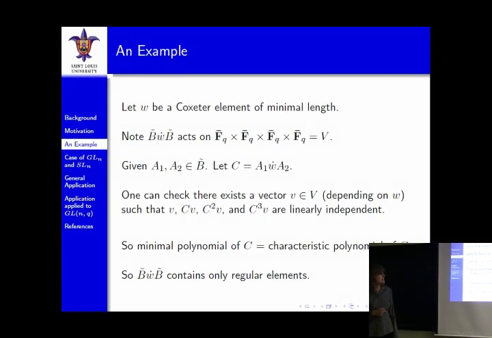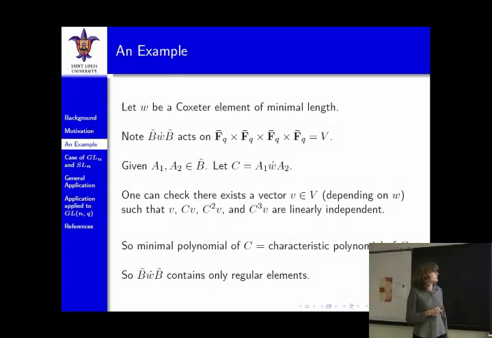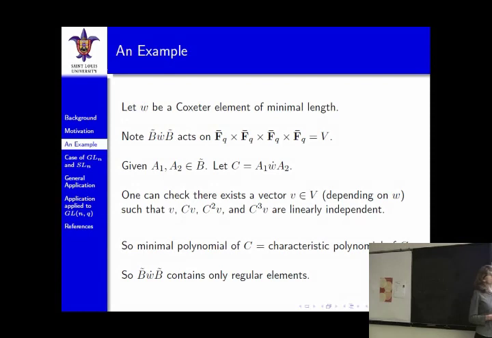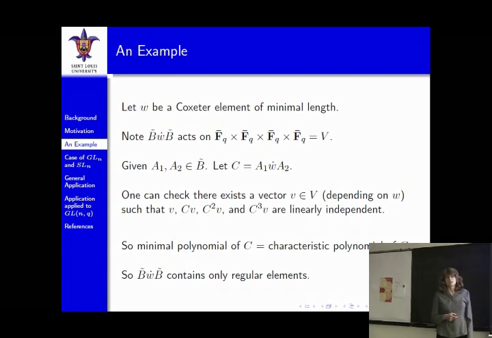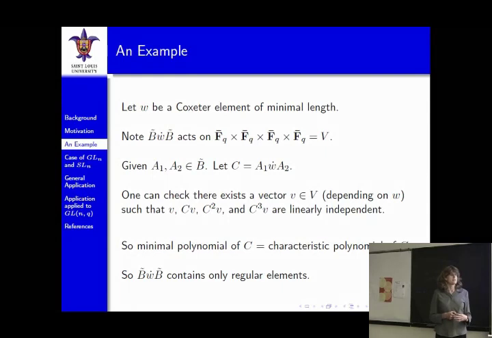Then it's not too hard to check that there is a vector in V, and it depends on which Coxeter element you pick, such that these 4 vectors are linearly independent. If those 4 vectors are linearly independent, the minimal polynomial needs to be of degree 4. You're going to get 4 linearly independent vectors, so the degree of the minimal polynomial has to be 4. So this only contains regular elements.